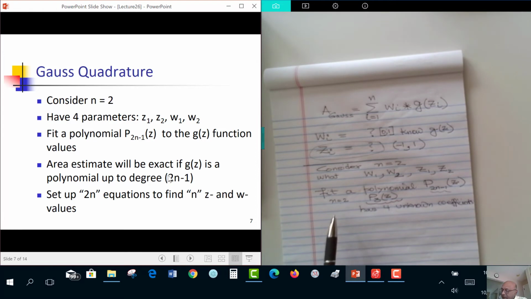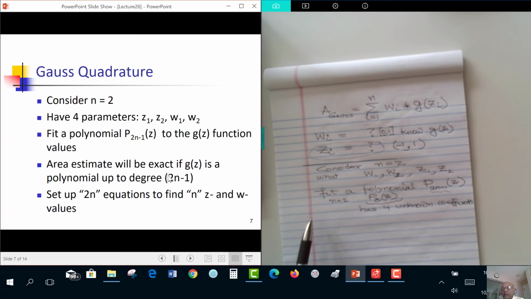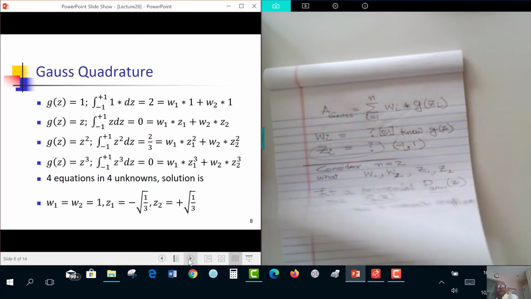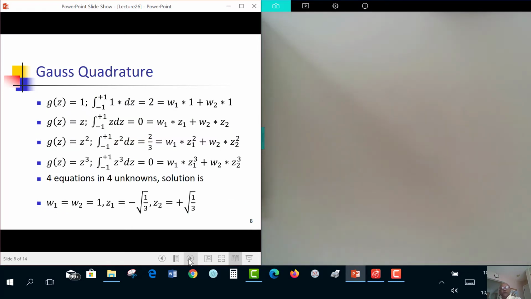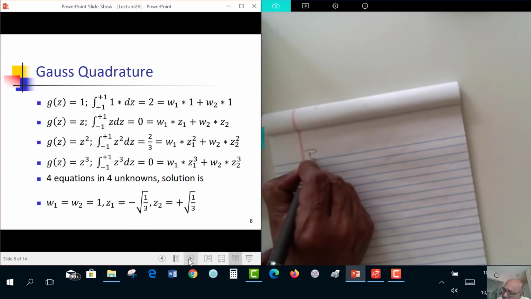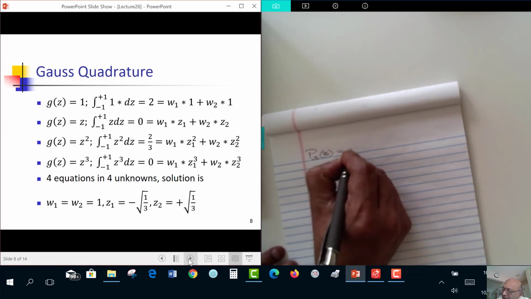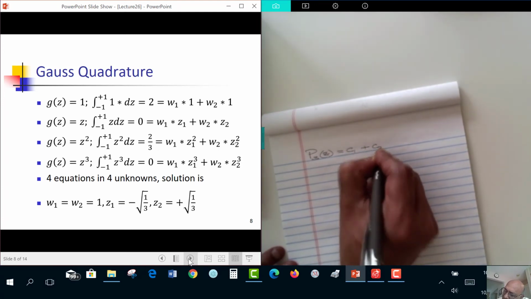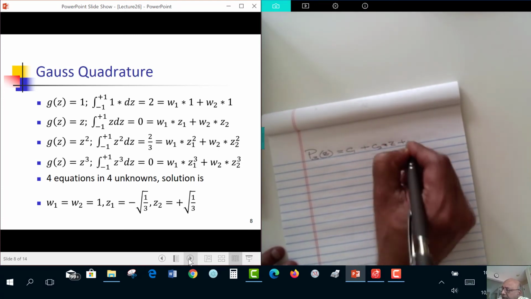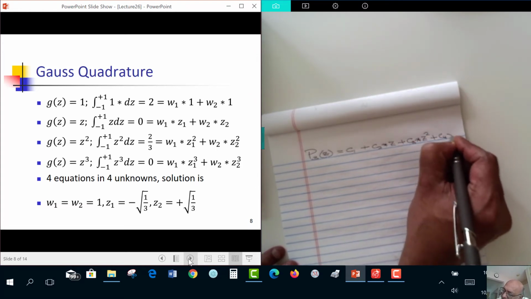So what we are going to do is, since we have 4 parameters, set up 4 equations in those 4 unknowns. So our third degree polynomial looks something like this: C1 plus C2 times z plus C3 times z square plus C4 times z cube.